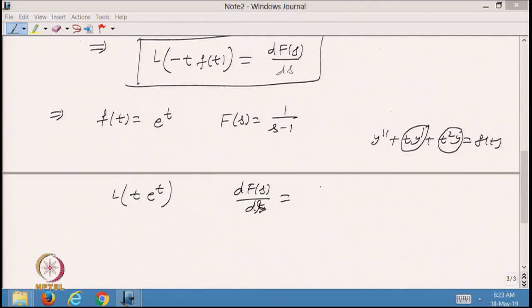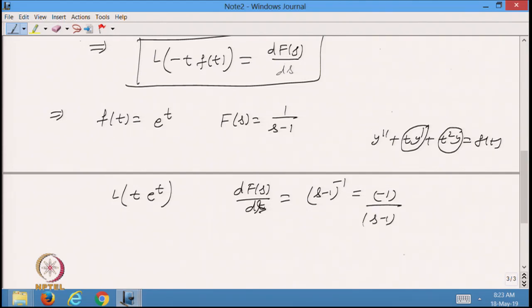So, if you see, I take this one in the numerator. So, s minus 1 minus 1. This will be equal to minus 1 over (s minus 1) squared.